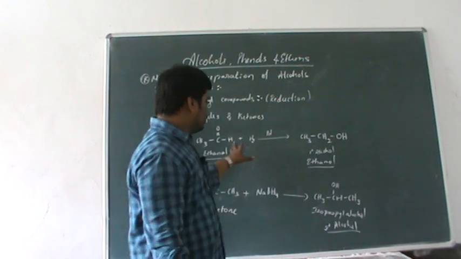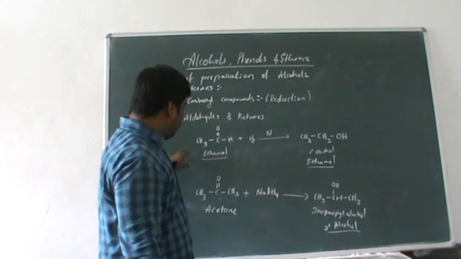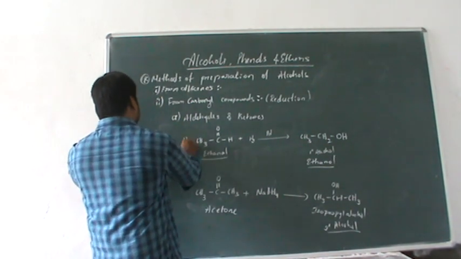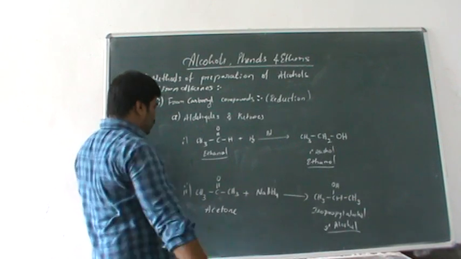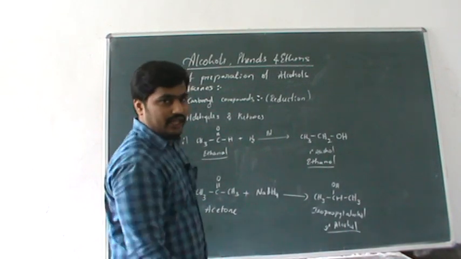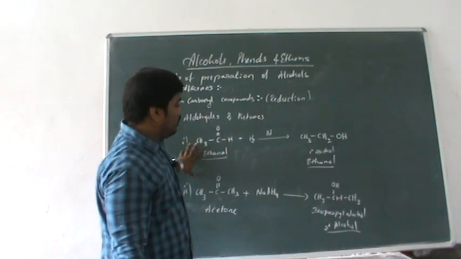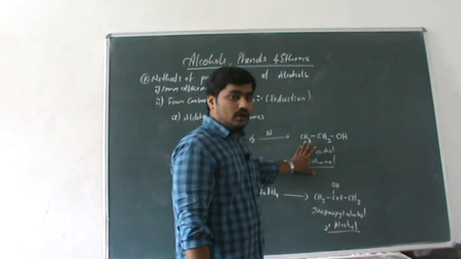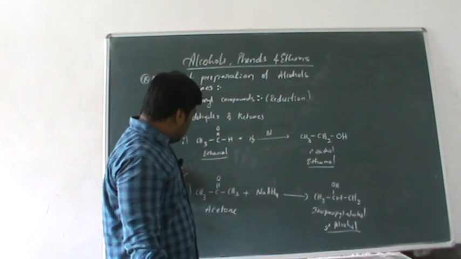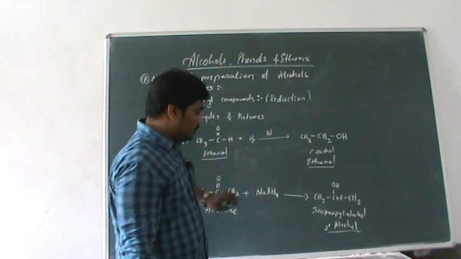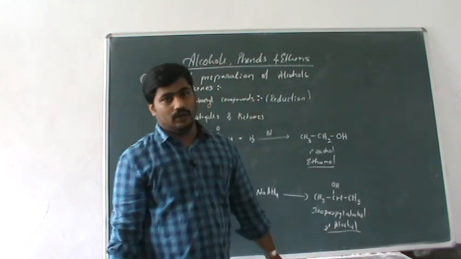What we observed in these two different examples, the conclusion of this study, is that aldehydes give primary alcohol and ketonic groups give secondary alcohol.